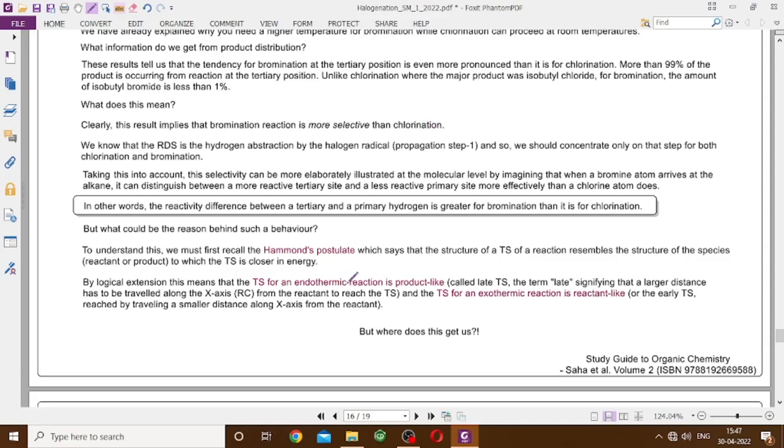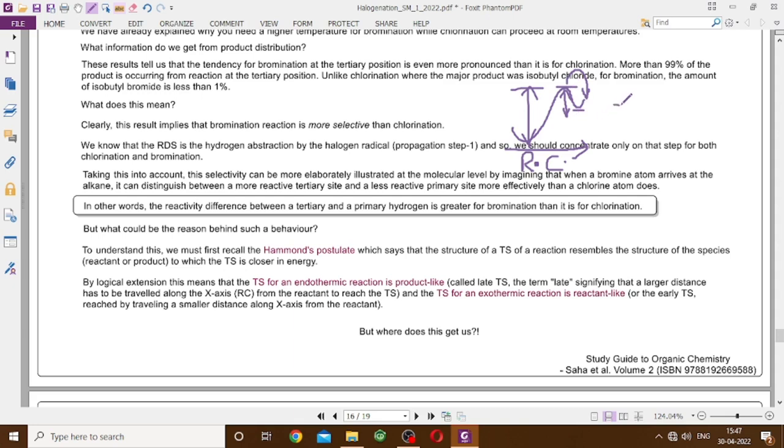So, by logical extension, for an endothermic reaction where the diagram is like that, this TS mimics the product because it is energetically closer to the product, the difference is only that much, whereas for the reactant, the energy difference is that much. And in the reaction coordinate, you have to travel a lot of distance to access this transition state. So this is called the late transition state. Just before the product has formed, the transition state is there. And this transition state mimics the product.